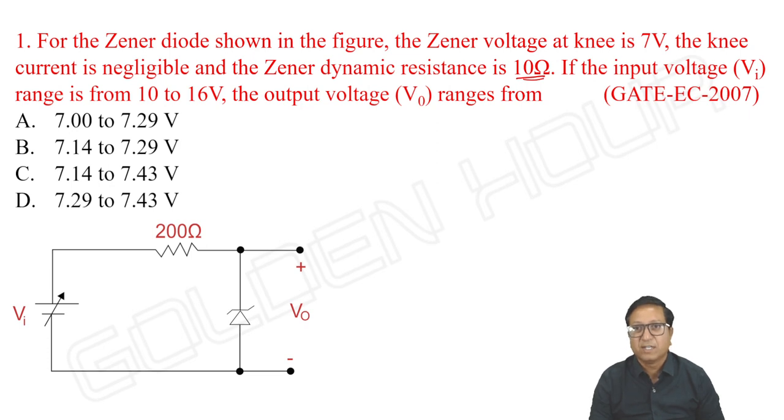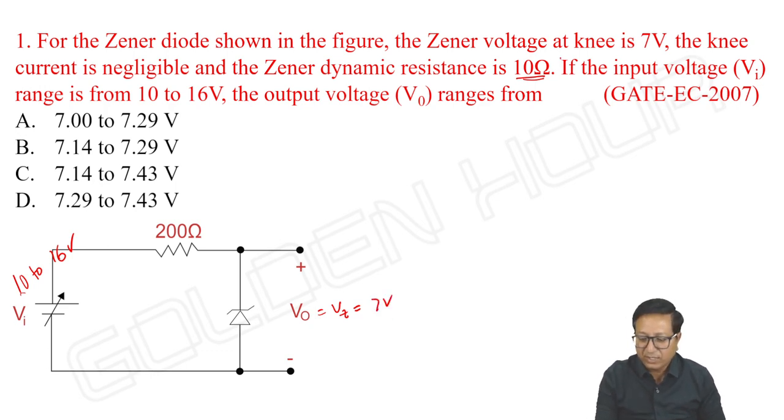If the input voltage VI ranges from 10 to 16 volts, the output voltage ranges from what? Generally, what do we expect? It is a Zener diode, the input is around 10 to 16 volts, it undergoes breakdown and the output is equal to Vz, which in this example is 7 volts. That is the general expectation.